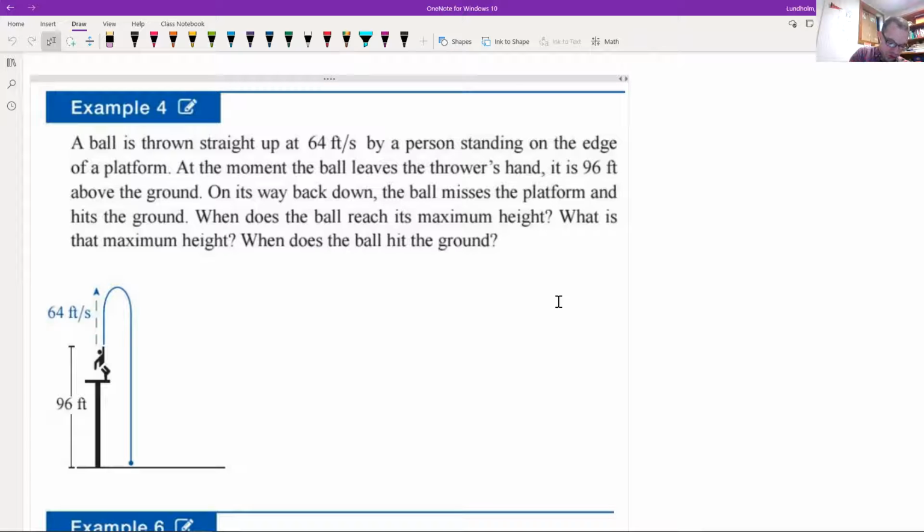This first part, the 64 feet per second, I might label as V0, because that is the initial velocity at which this thing is being thrown straight up. 96 feet, let's call it P0 for position 0. Might be H would be fine, but position 0, 96 feet above the ground.